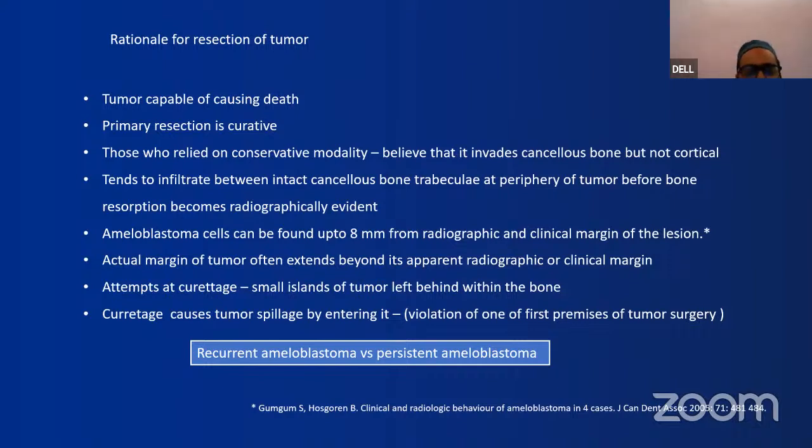One more problem with curettage is tumor spillage during enucleation or curettage. If ameloblastoma is managed with enucleation, enucleation is a misnomer because it's not a cyst, and we tend to enter the cavity, and there's tumor spillage.